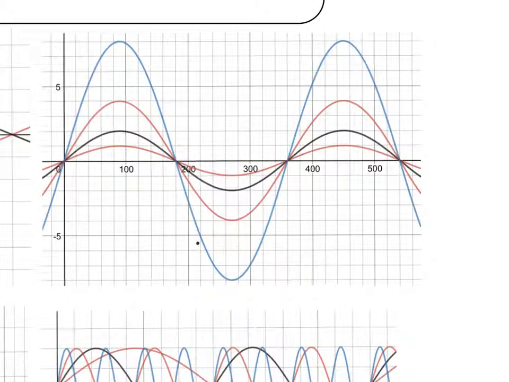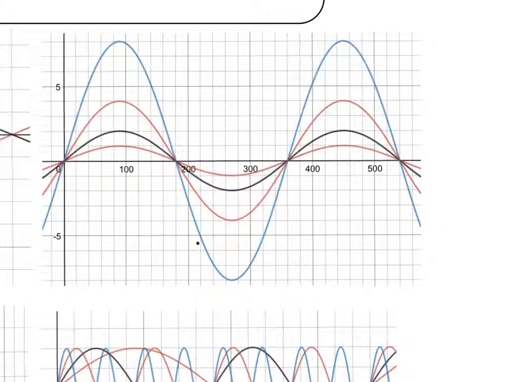This here is what you would have got if you had done sine x, 2 sine x, 4 sine x, and 8 sine x.